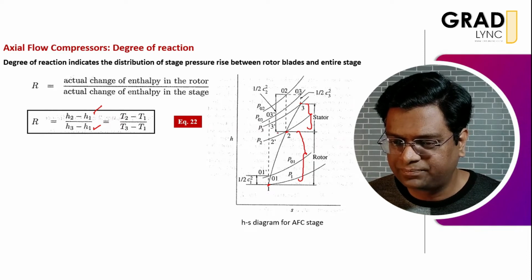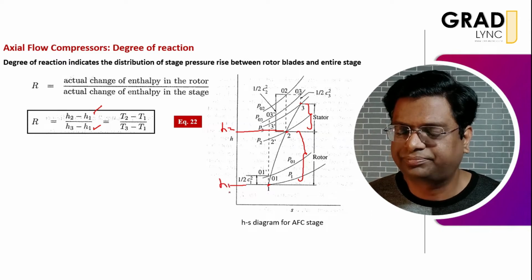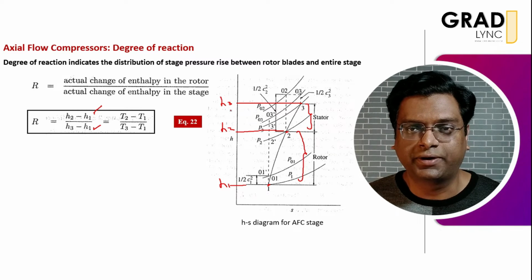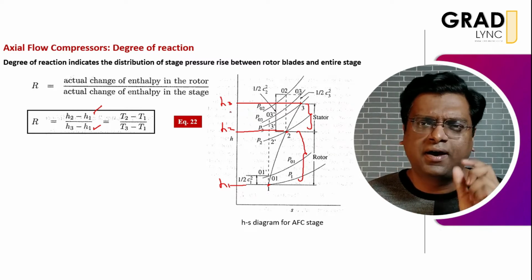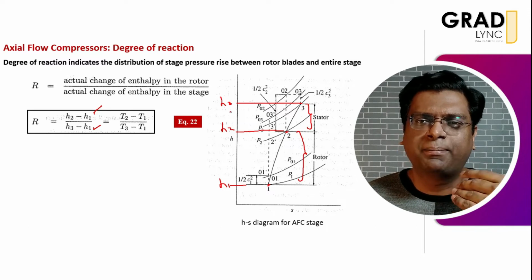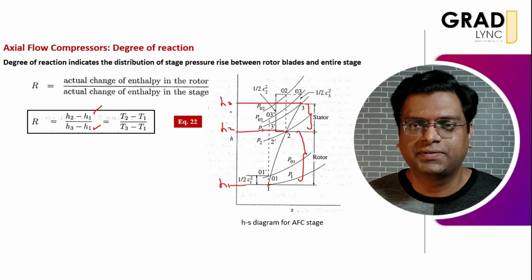So in the rotor, please observe here, it is just H2 and this is H1. These are all static enthalpies. And then in the entire stage, it represents H3 minus H1, that is in the denominator. Now it tells how much pressure rise happened in the rotor when compared with the total pressure rise. So it will always be in terms of percentage, right?